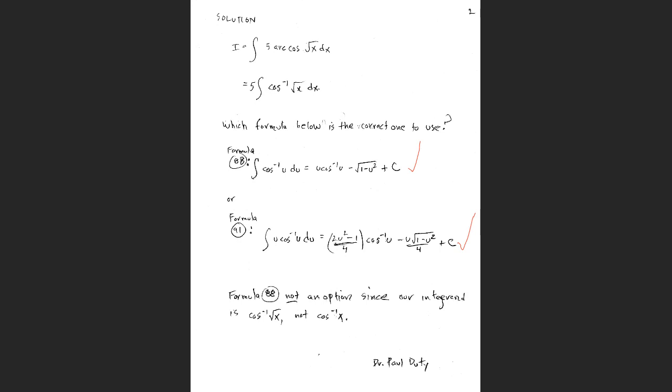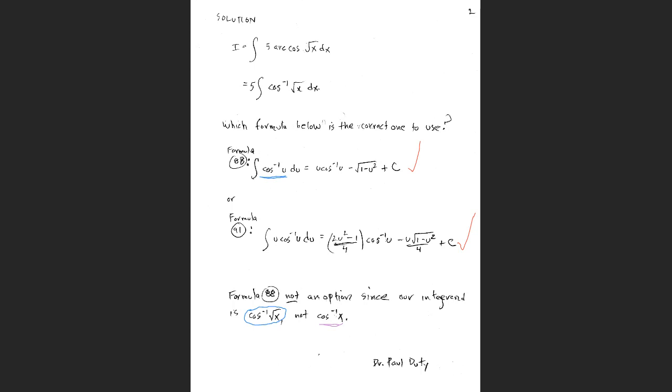Formula 88 would not be an option, because our integrand is the arc cosine of the square root of x, and formula 88 just has the arc cosine of u. If you had the arc cosine of x, that would work, but you have the arc cosine of the square root of x.